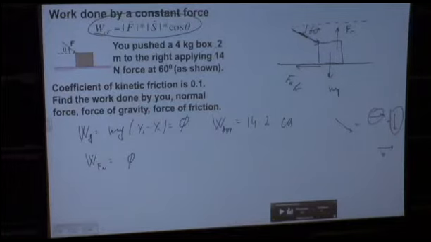Sometimes it helps to draw both arrows from the same starting point. Because, for example, if this is my force and this is my displacement, I've seen people trying to use this angle for calculating work, which would have been wrong. That's not the angle between these vectors.